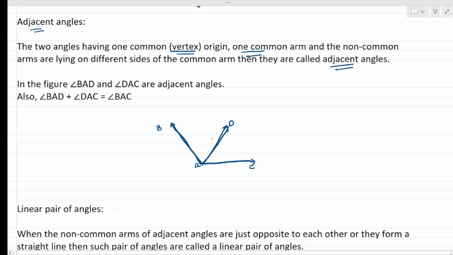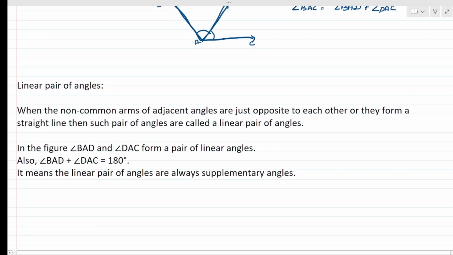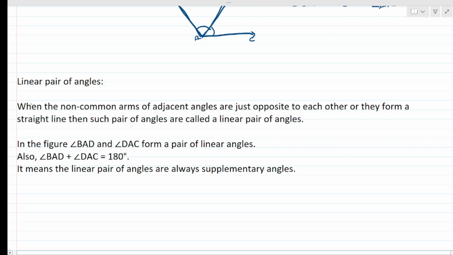How so? Because they have one common arm AD and the two non-common arms AB and AC. So the summation of these adjacent angles will give me my whole angle BAC. That means how is my angle BAC formed? It is the summation of angle BAD plus angle DAC. Clear?